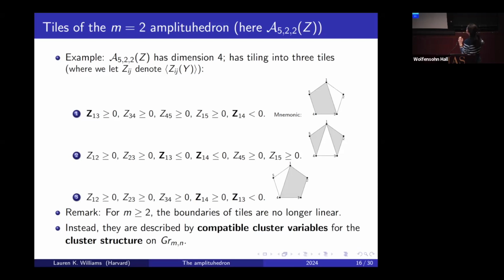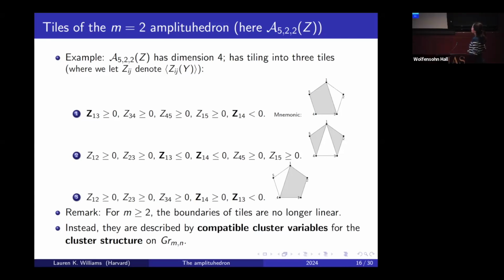This first tile has the inequality Z14 less than 0. Sorry, let me go to this one. These two tiles share the boundary Z13, but they're on opposite sides. And these two tiles share the boundary Z14, but they're on opposite sides. I bolded those so you can see how they're on opposite sides of some curve.